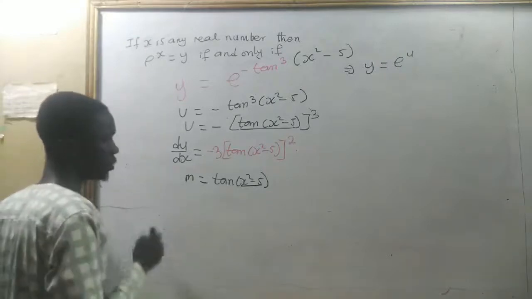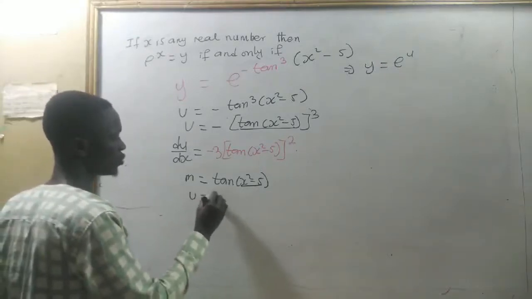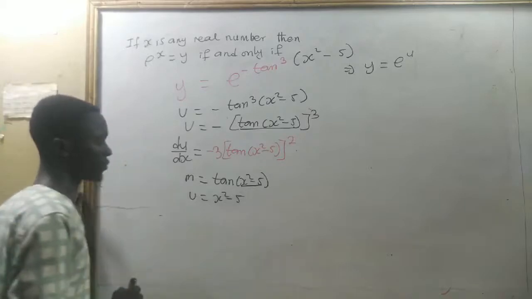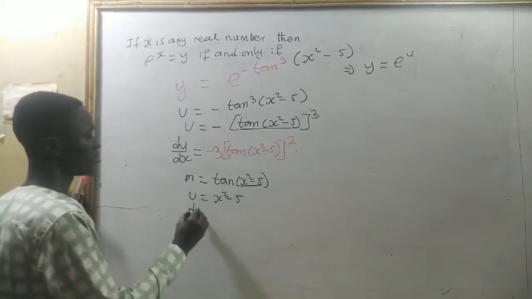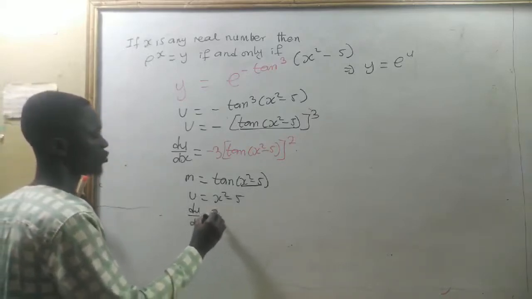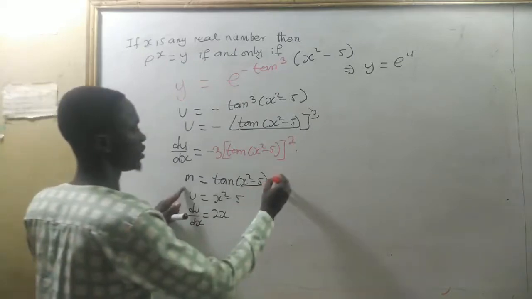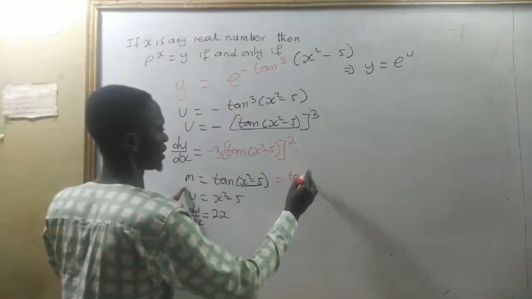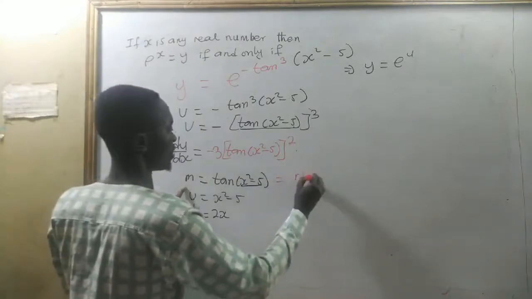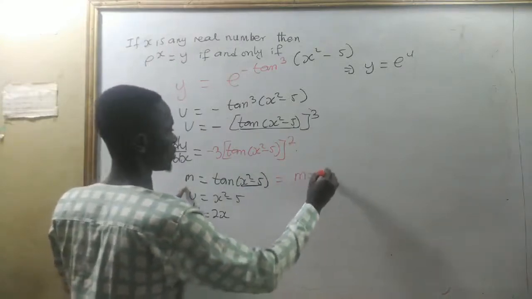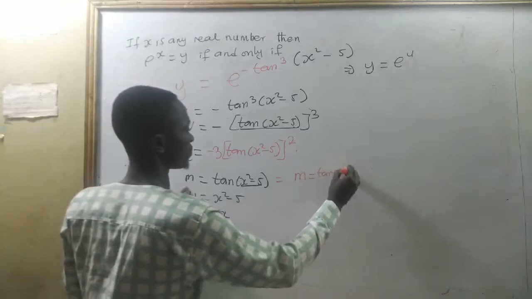So here we take u equal to x squared minus 5, right? So here du on dx is equal to 2x. Very simple as that. And then we have m is equal to the tangent of u.